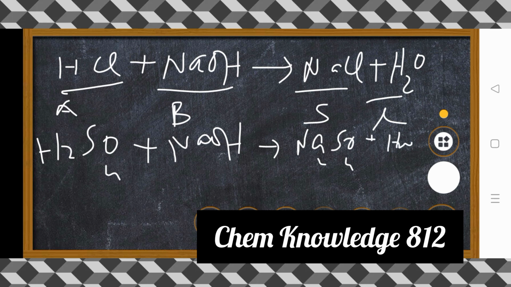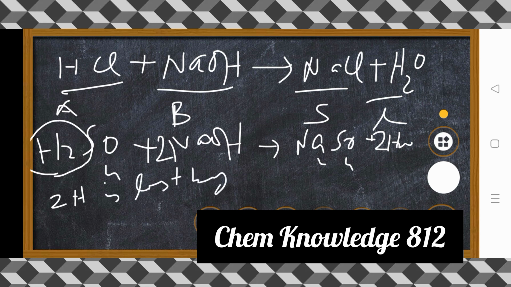In order to balance the chemical equation, we will put 2 here and also 2 here with water. So here 2 hydrogens are lost by sulfuric acid.